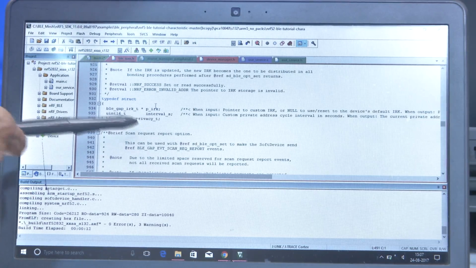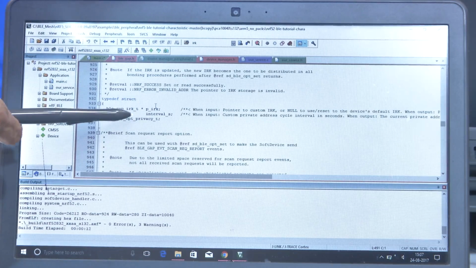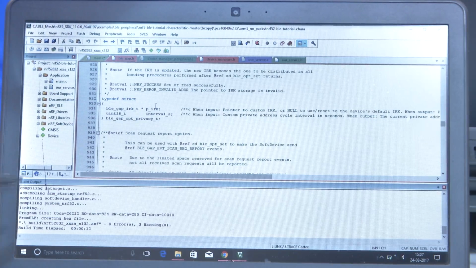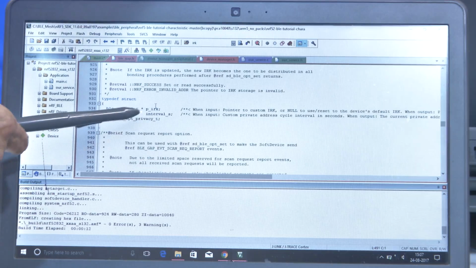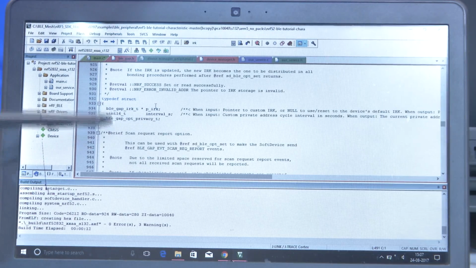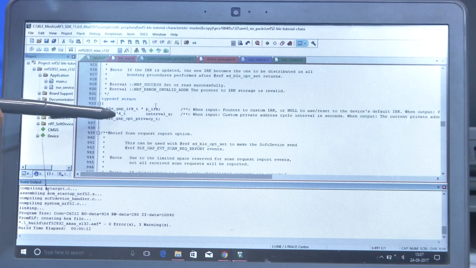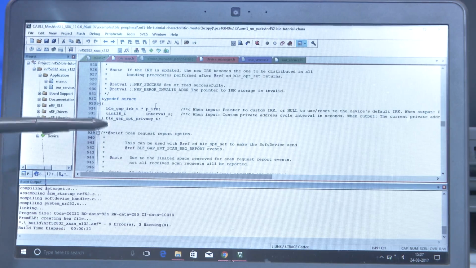Now, I mentioned to you during the explanation that the shared key has to be changed after a certain interval, which depends on the scenario. That interval is set in this particular structure that is defined in the BLE source code.